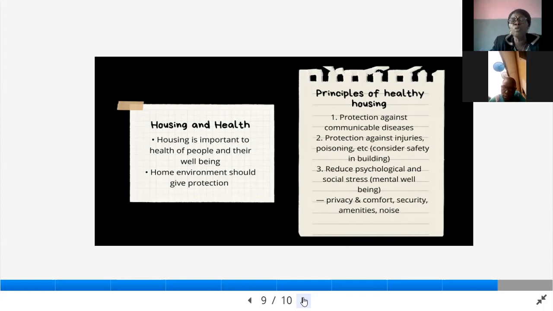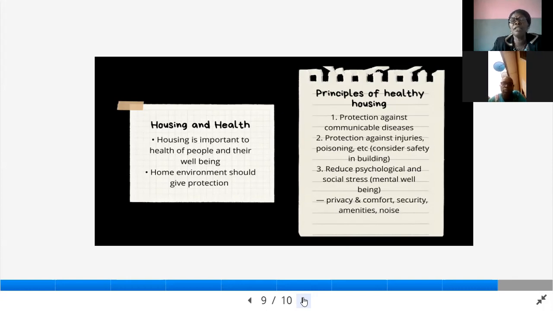And also, you must make sure you build your house or choose a house where noise is less, because noise is not good for the family. It's not healthy for the family at all. And remember, if children of school age are in the family, they don't need noise.